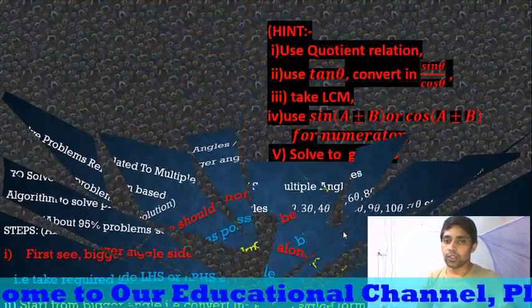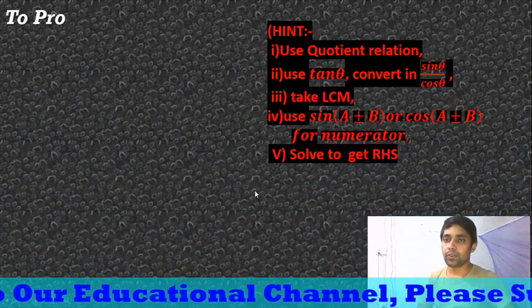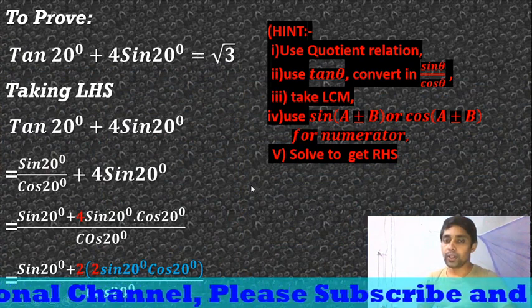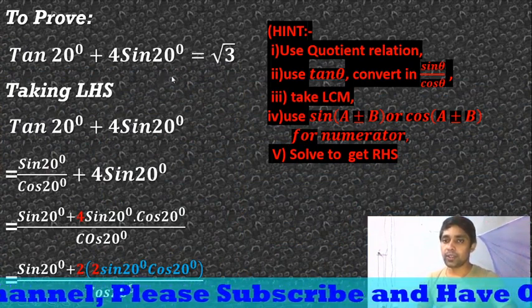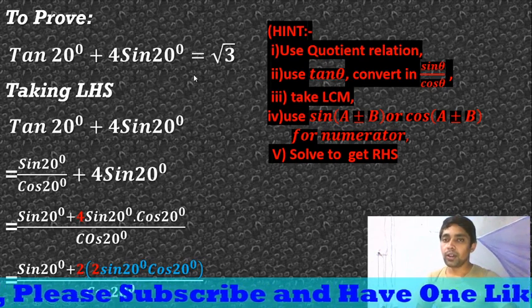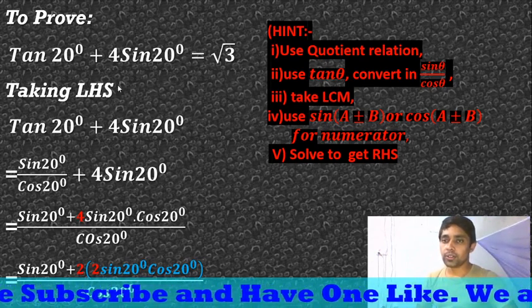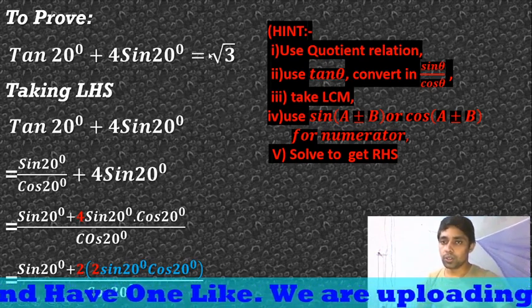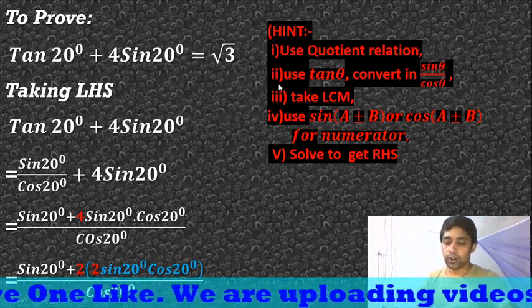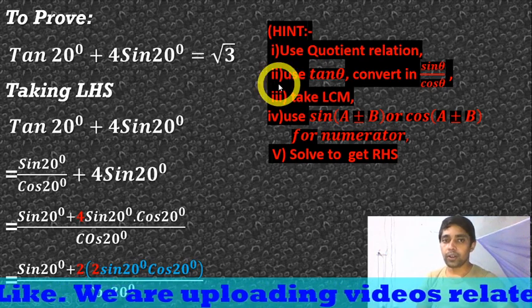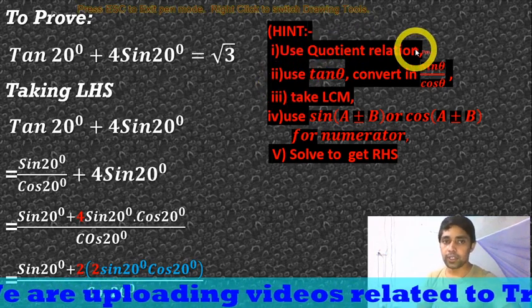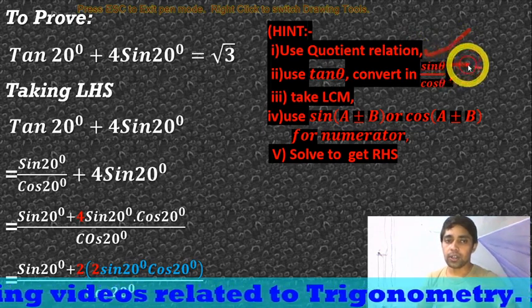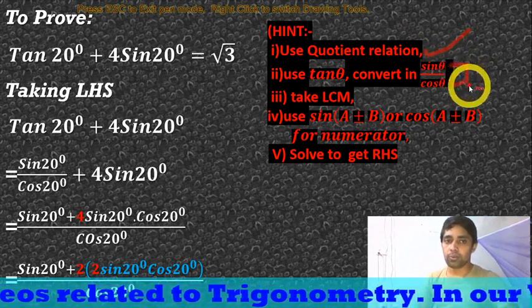Now here in this problem we have tan 20 degree and sine 20 degree. As we have tan and sine of 20 degree, we can't apply the bigger angle or smaller angle condition, because here we have the angle in degree format. So we'll go through another method. First we are using the quotient relation. As we apply the quotient relation, tan will be in the form of sine and cos.